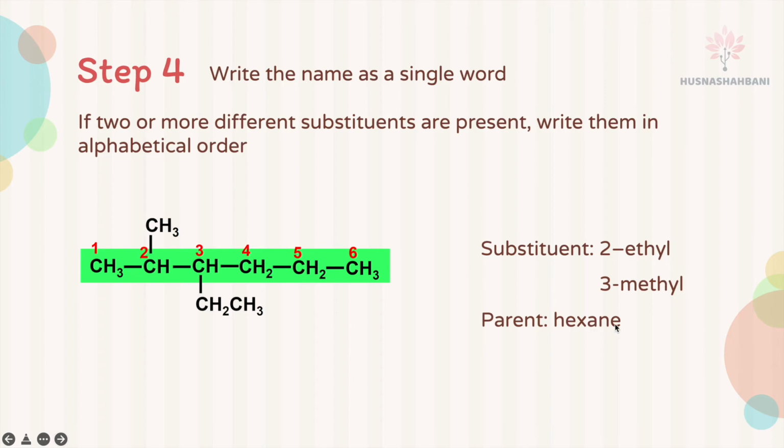So parent name hexane with 2 substituents, 2 ethyl and 3 methyl. And then we have to write the name according to alphabetical order. E first and then M. So the name of this compound is 2-ethyl-3-methylhexane. Here, number and letter hyphen, letter and number hyphen. Here, letter letter, no space at all. And remember, number and number, comma.